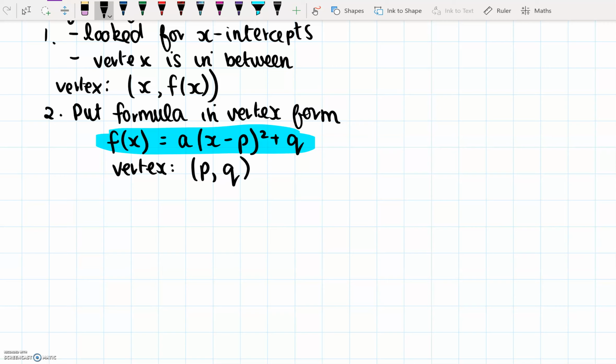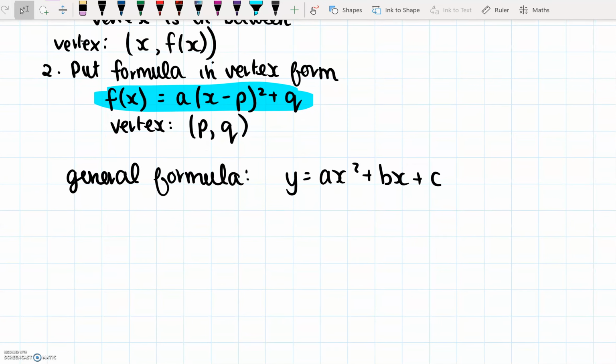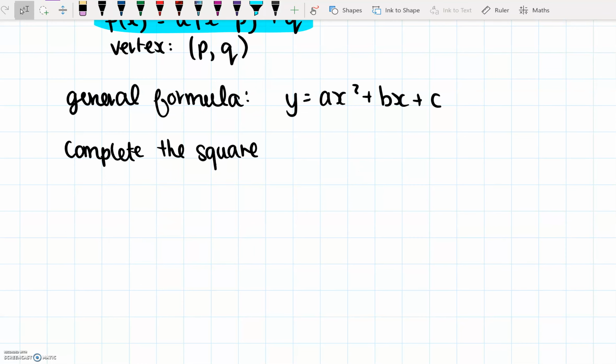All right, now the general formula for a quadratic equation is y equals ax squared plus bx plus c. Okay, and you will remember that to put a formula into vertex form, we need to complete the square. Okay, and that's what we're going to do here.